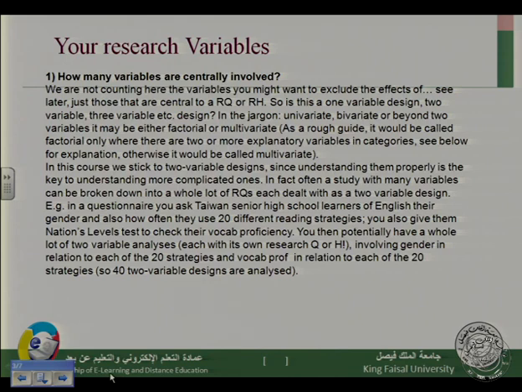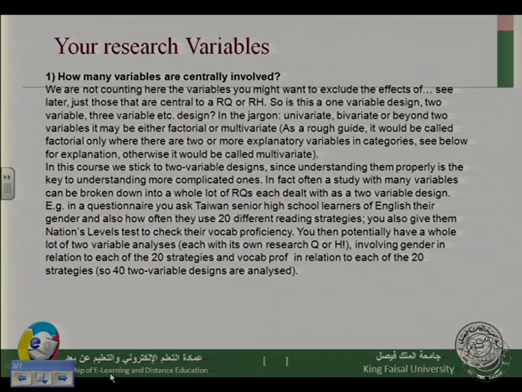Here is an example about Taiwanese learners of English, where you want to check only 20 strategies of their reading. You remember when you studied with me non-fictional prose, we studied a lot of reading strategies.